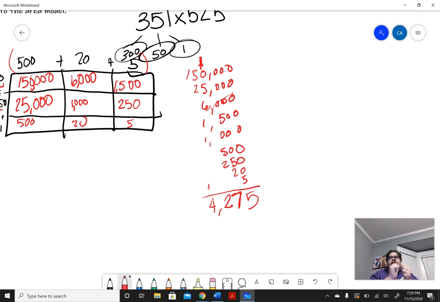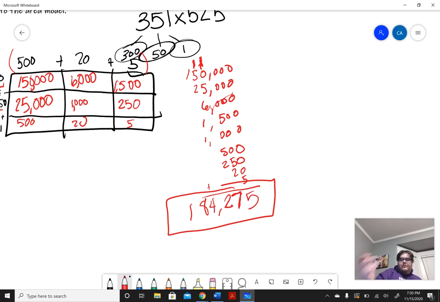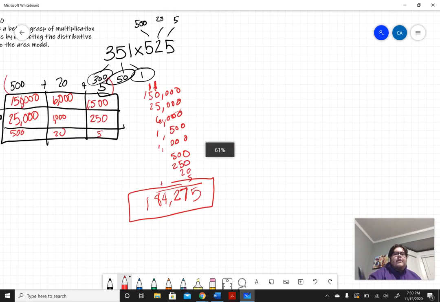I'm going to take all the leftover tens, bundle them up, move them over to the 10,000s, making 1 10,000. Next, I have 1, 6, 8 10,000s, and 1 100,000. So our product is 184,275. Now, let's check this with standard algorithm.